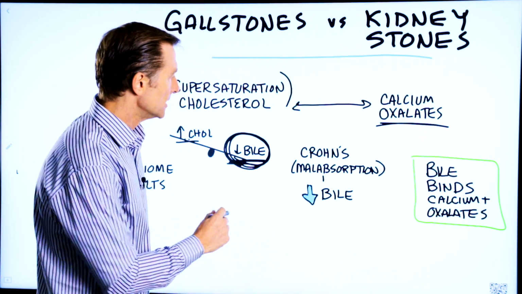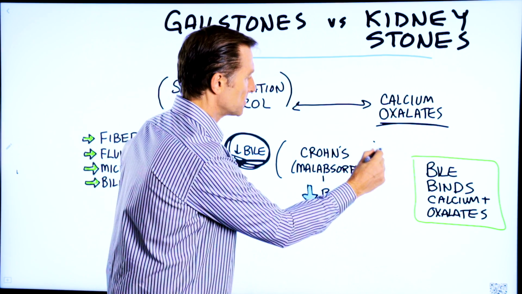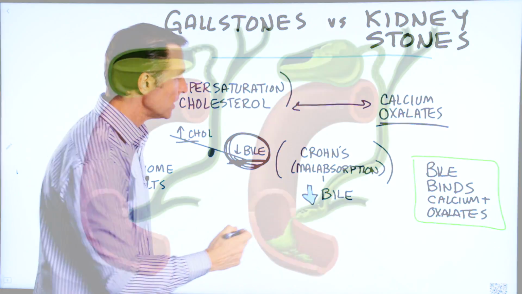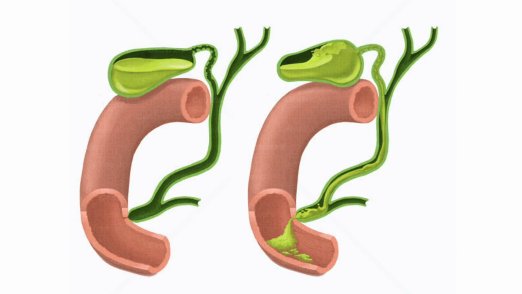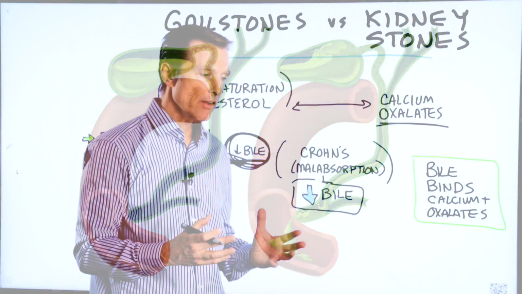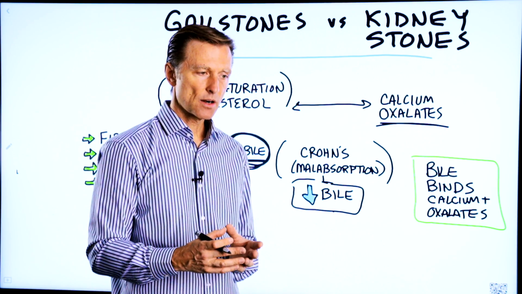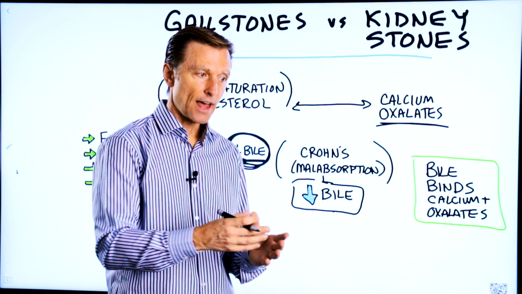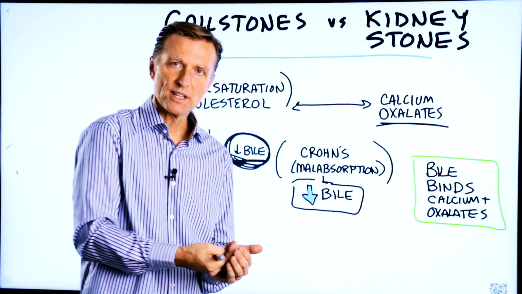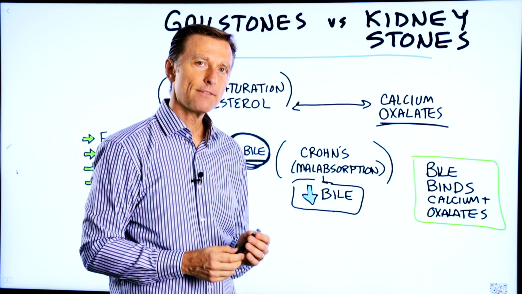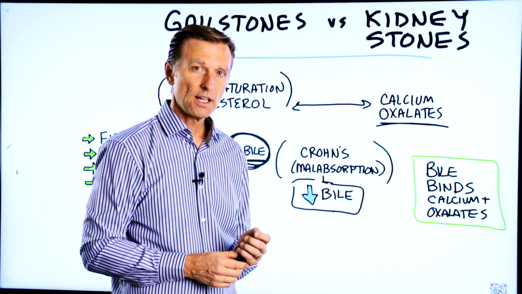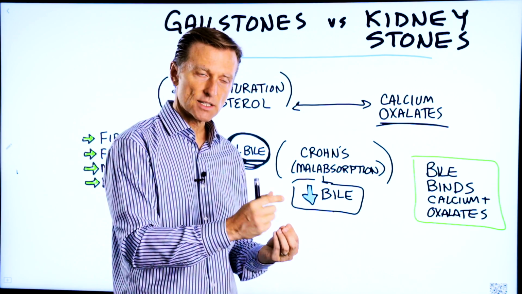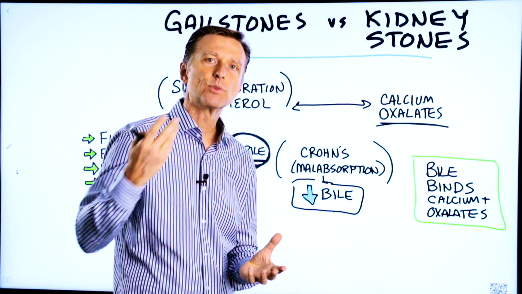If you look at the condition Crohn's, which is a malabsorption problem of your intestines, you nearly always have low amounts of bile production. Now, that's probably because the last part of your small intestine is damaged, and that's where you're supposed to absorb and recycle bile. 95% of all your bile gets absorbed at the last part of the small intestine before it goes into the large intestine and gets sucked back and recycled.